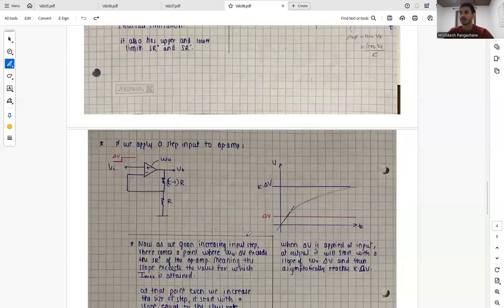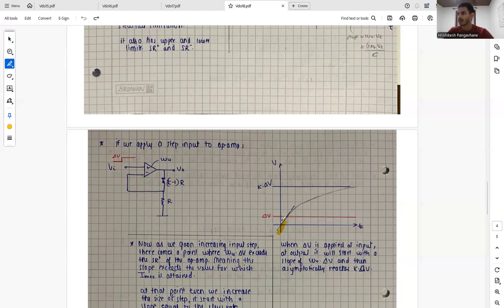If we apply a step input to an op-amp placed in a negative feedback loop, what will happen? The input voltage will instantaneously change to delta V. What will happen to the output voltage?